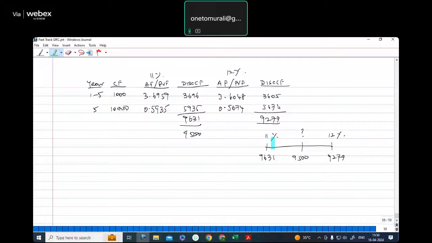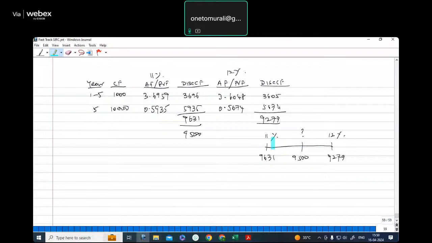Eleven plus 9631 minus 9500 divided by 9631 minus 9279, into 1, which is equal to 11 plus 131 divided by the difference, 9631 minus 9279, which is 352, into 1. 131 divided by 352 gives you 11.37%.